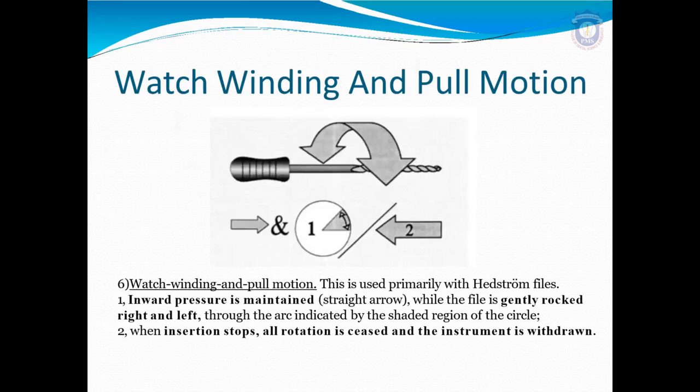Watch winding and pull motion is used primarily with Hedstrom or hedge files. Inward pressure is maintained while the file is gently rocked right and left through the arc indicated by the shaded region of the circle. When insertion stops, all rotation is ceased and the instrument is withdrawn with a pull motion.